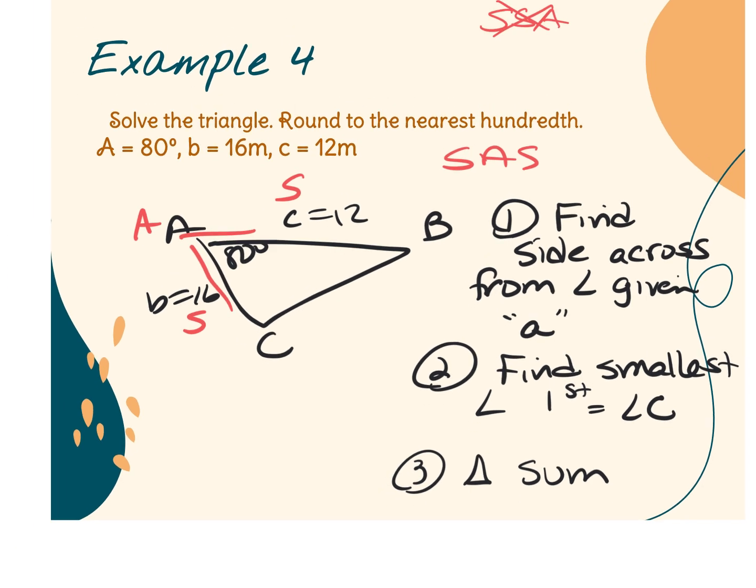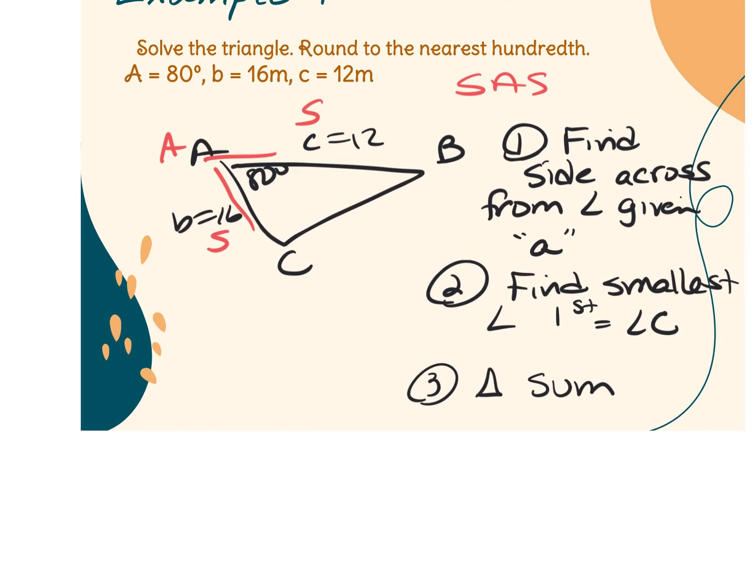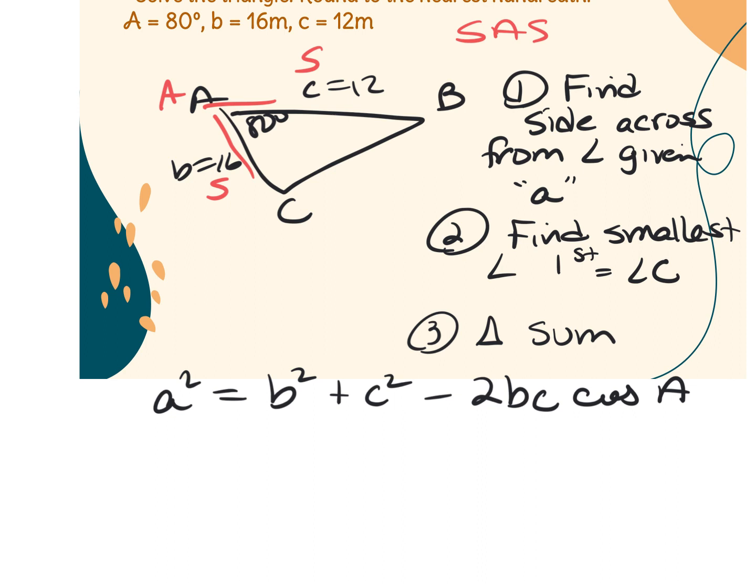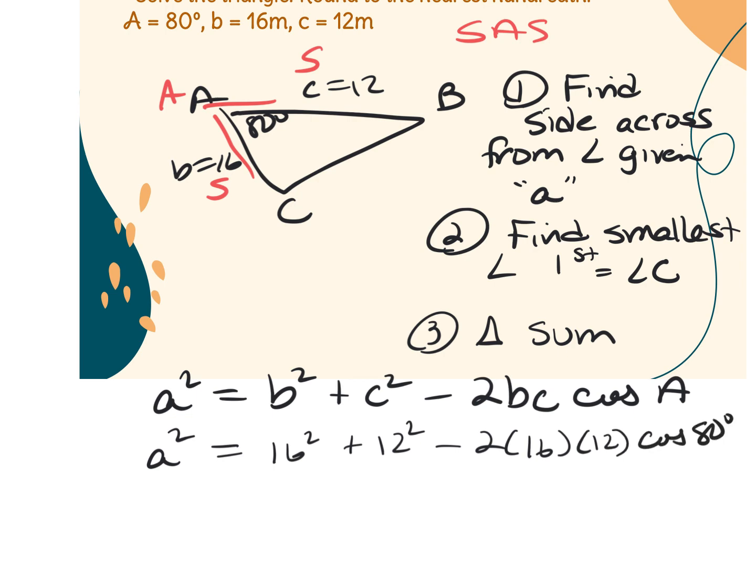So let me go ahead and set up my law of cosines to find side A. I'm using a squared equals b squared plus c squared minus 2 times b times c times the cosine of A. Gonna fill it in. Solving for side A, side B was 16, C was 12, and 2 times 16 times 12 times the cosine of 80.